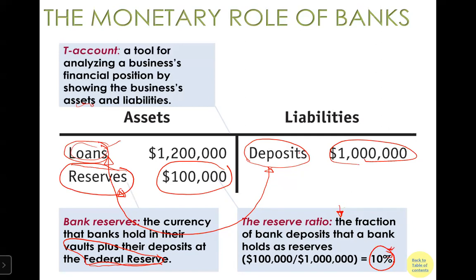On the other hand, if the reserve ratio goes to 100%, the bank is not going to make any profit. Why? Look here. If the reserve ratio goes to 100%, meaning for each penny the bank attracts as a deposit, they must leave it aside, just put it in their vault or at the Federal Reserve.